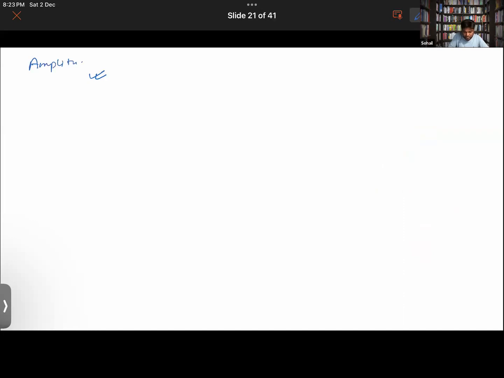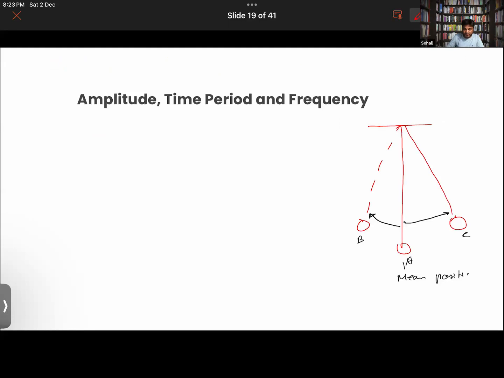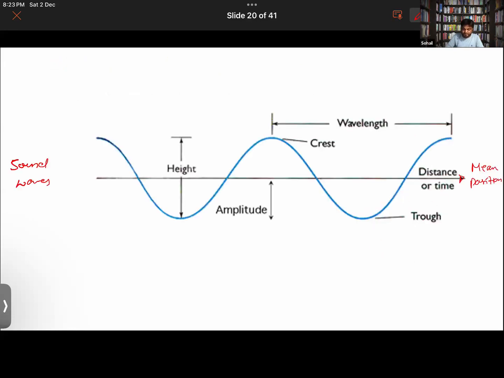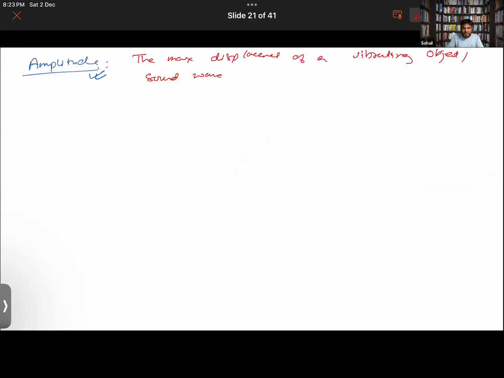So amplitude, the definition is usually asked. So make sure you revise it. The maximum displacement of a vibrating object या फिर हमने कहा sound wave. Vibrating object. Why? Because we are considering pendulum and sound wave means simply sound wave.